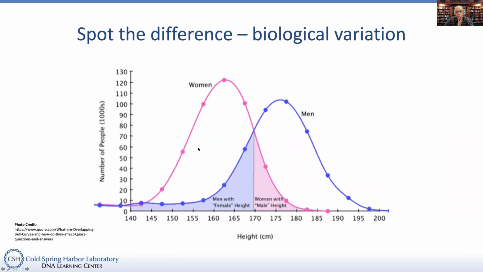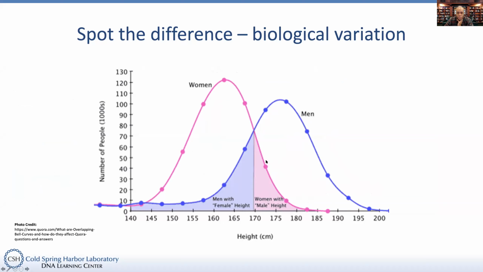So what is the chance that you find a female who has a height of 195 centimeters? Well, the area under the female curve doesn't even reach to 195. So that means it's highly, highly unlikely that you would make such an observation and that that height doesn't belong to a male. So that's what it's kind of telling you.